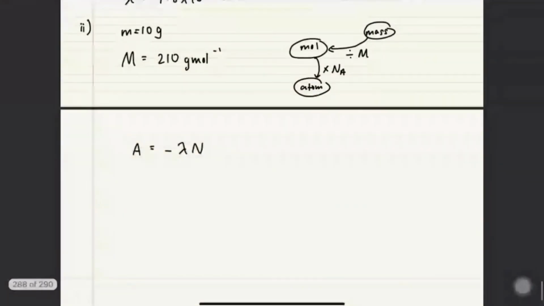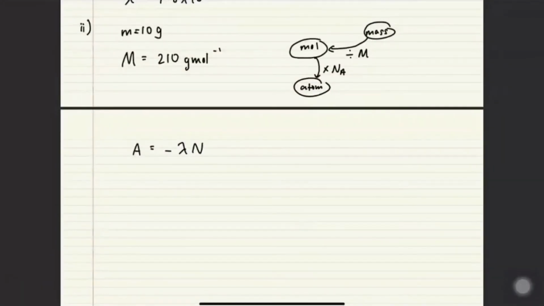So, to calculate N, kamu kira mol dulu. N kecil. Mass divided by molar mass. So, 10 divided by 210. Like 0.0476 mole.